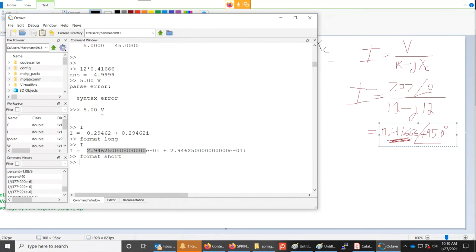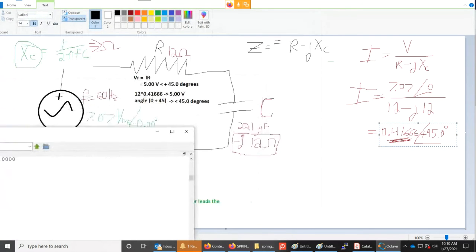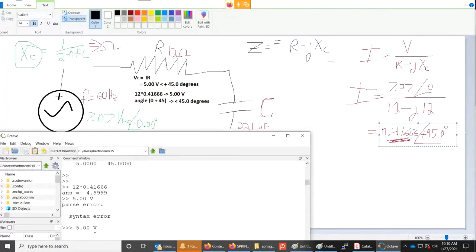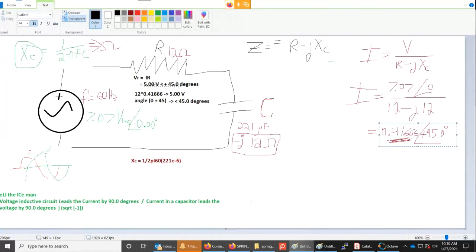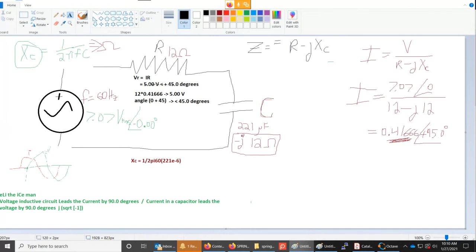You can do this in your calculator also, but you want to store it and keep those numbers, and that just gives it much more accuracy. So over here we have the voltage across the resistor is 5 volts at an angle of 45 degrees.